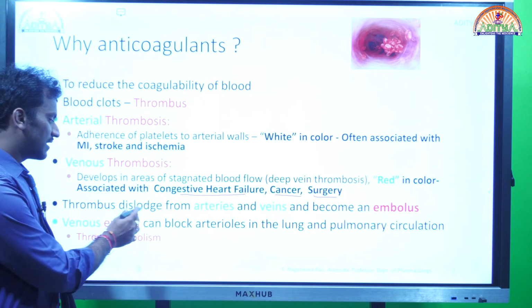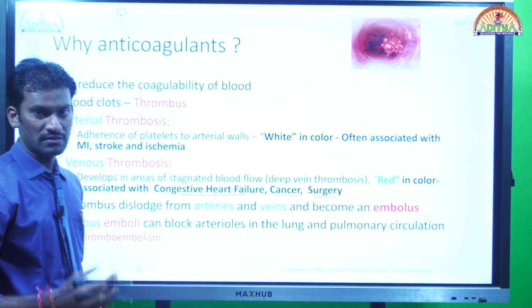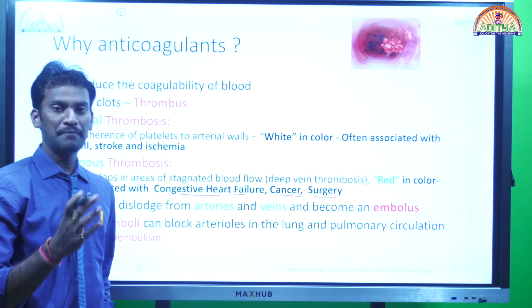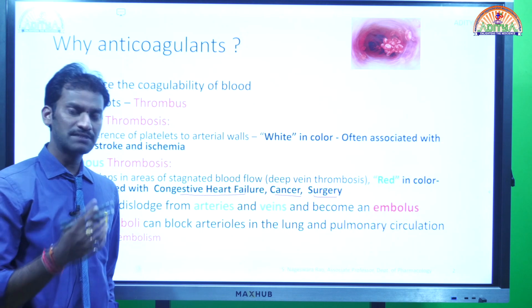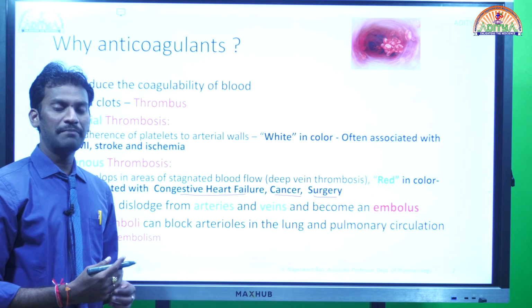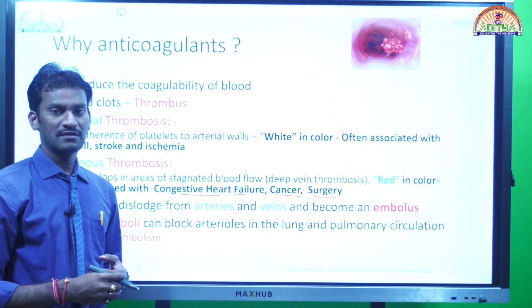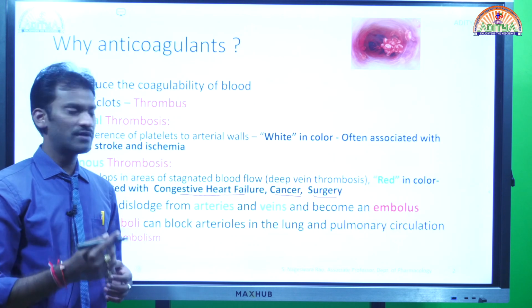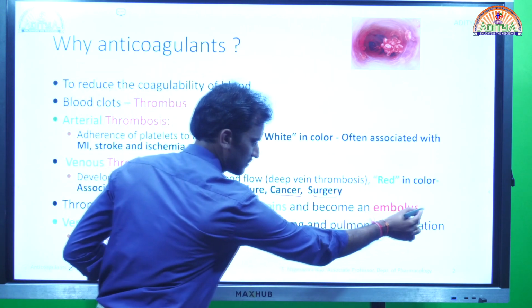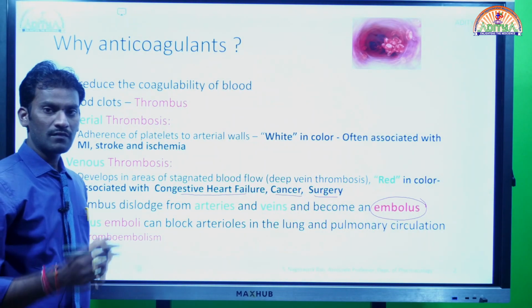When the thrombus dislodges from the arteries and veins and becomes an embolus, the big clots may break into small pieces. The small pieces may travel along the arteries and veins and may lodge in the smaller arteries and veins. That smaller blood clot is known as an embolus.